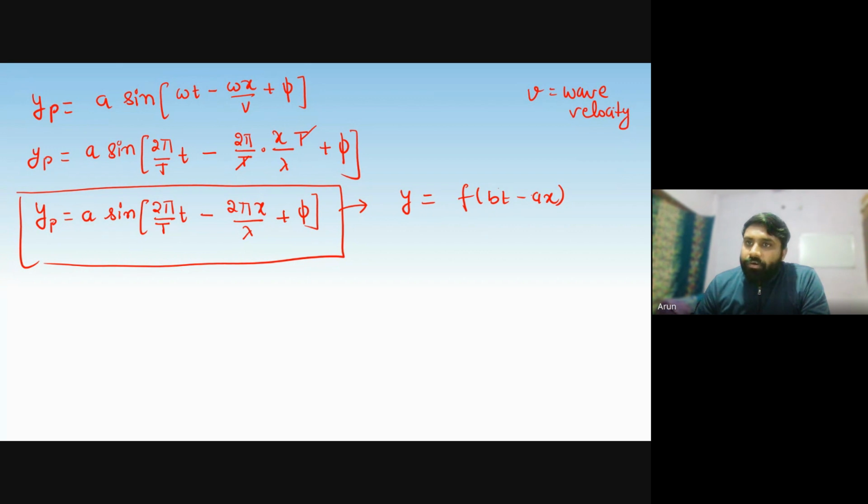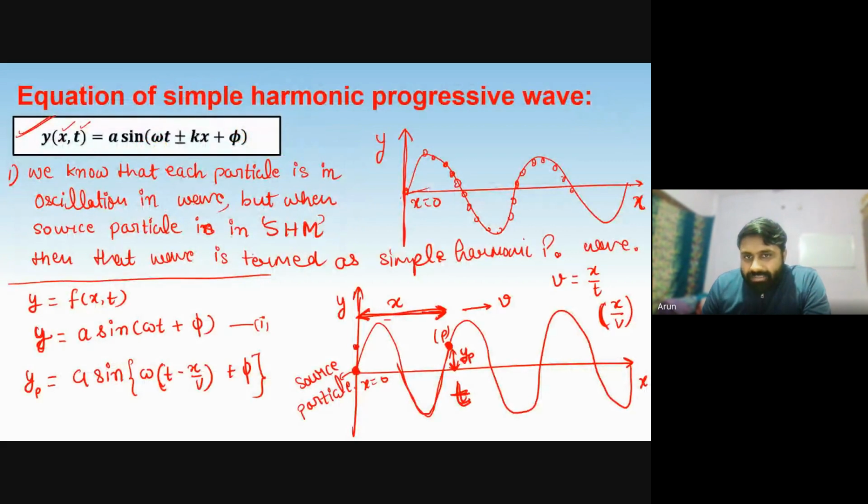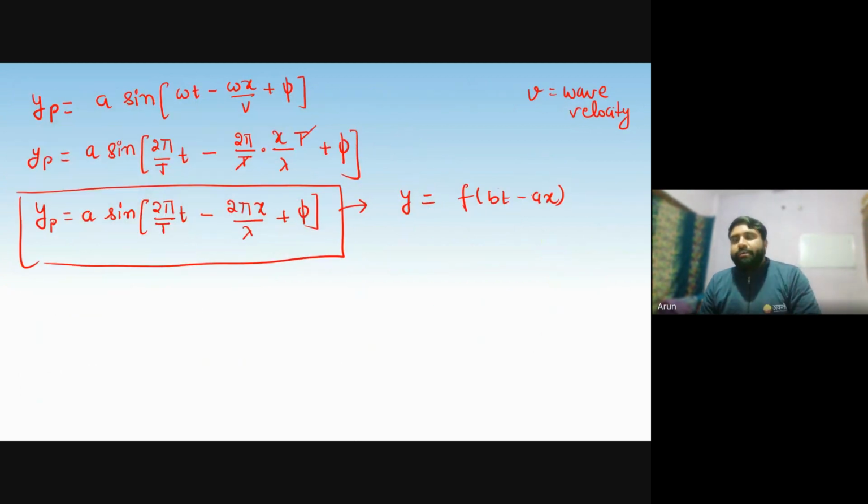So they are of opposite sign, which means that our disturbance is traveling in positive direction, and that's what we have considered. We have considered that the wave is traveling in positive x direction. So this also aligns with the conclusion that we made in the previous slide. Got it? I hope you got it.